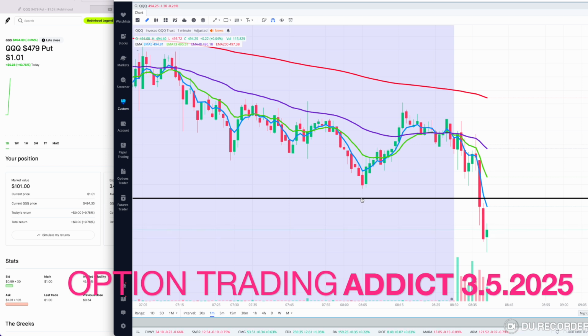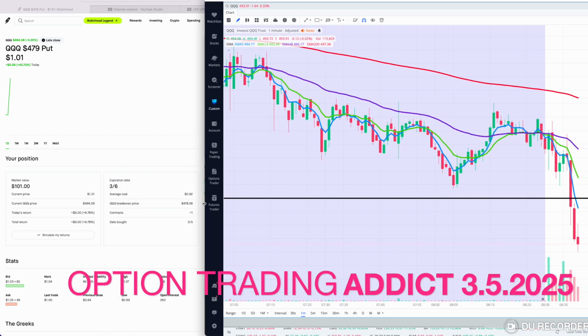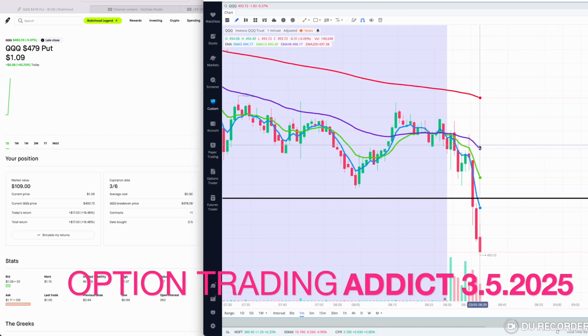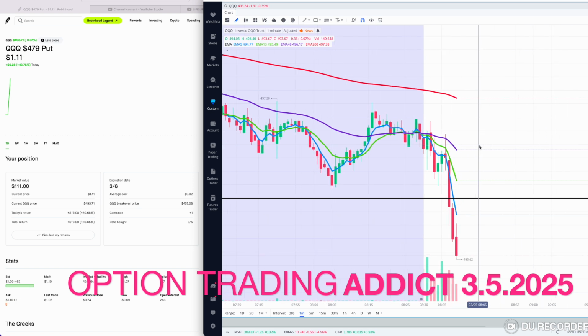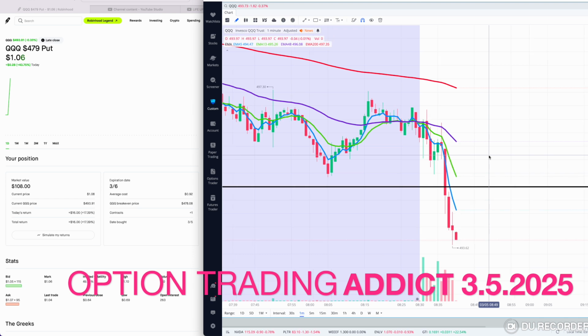So let's see where this wants to go. I'm trying to fix my screen so I can see the contracts that I have up here. All right, getting a breakdown. This is on the 1 minute chart, and if I see some hesitation and it pops back up to that 5 EMA, I will, without hesitation, jump out of the trade.